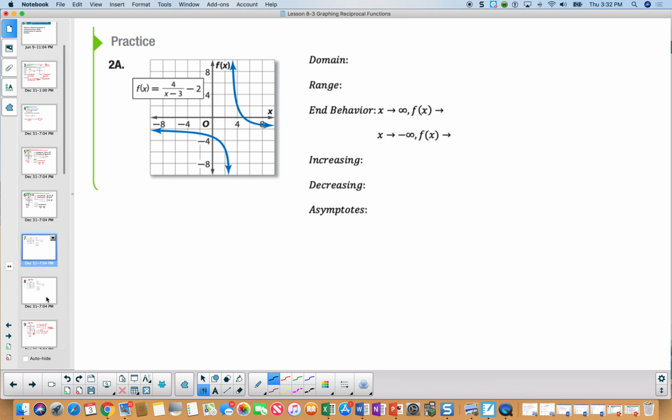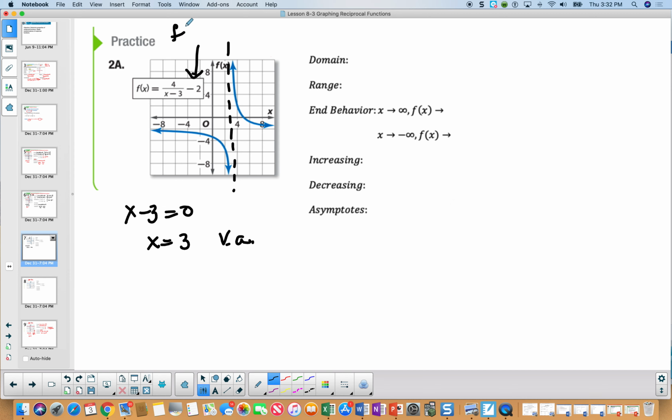All right, let's go ahead and do it again. I'm noticing there's a shift in my x and a shift in my y. X minus 3 is equal to 0, so x equal to 3 is going to be my vertical asymptote, and that's this thing right here. And my horizontal asymptote has to do with this.